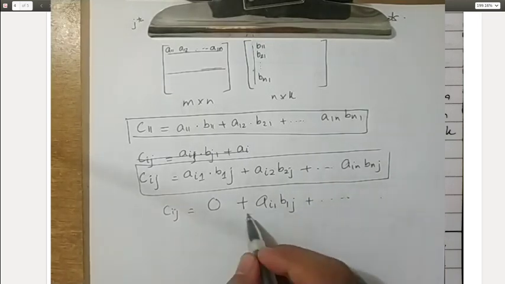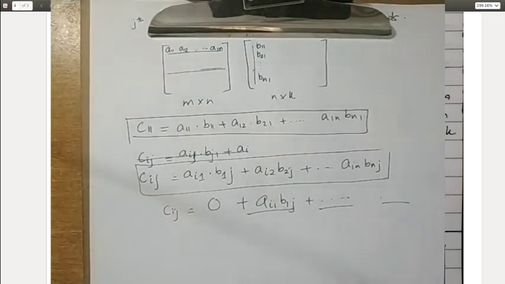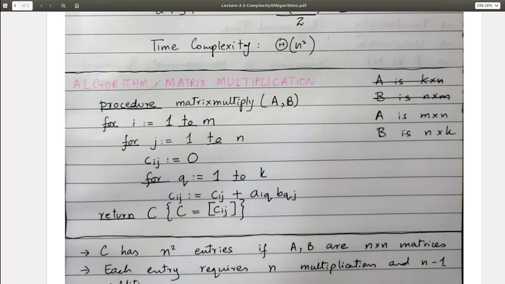So first you add this term, then this term, and this term, and so on. And so this is written in this form. This is the algorithm. We did not cover the matrix multiplication algorithm. I'm introducing it right now. You all know how matrix multiplication is done, and the algorithm is very simple to understand.